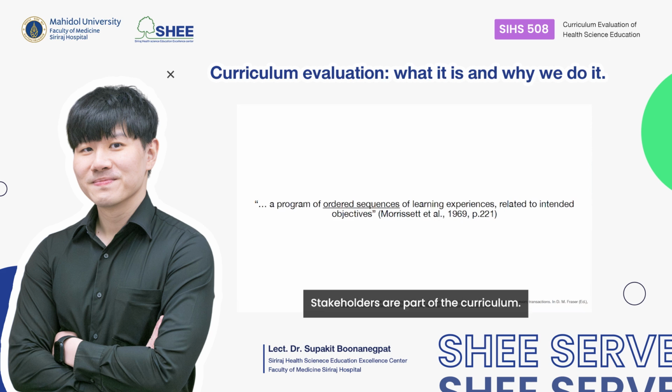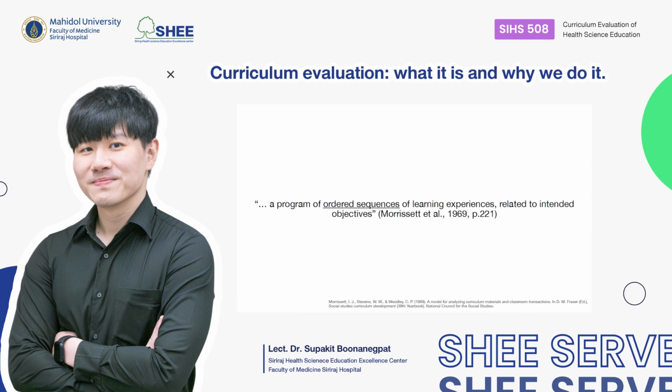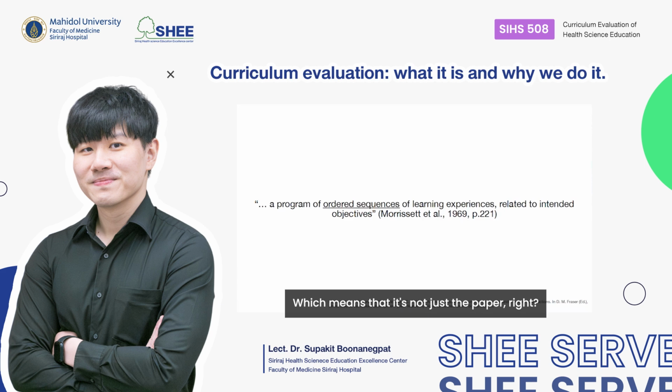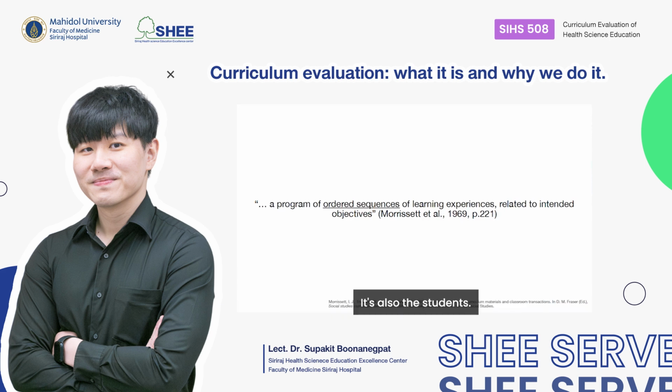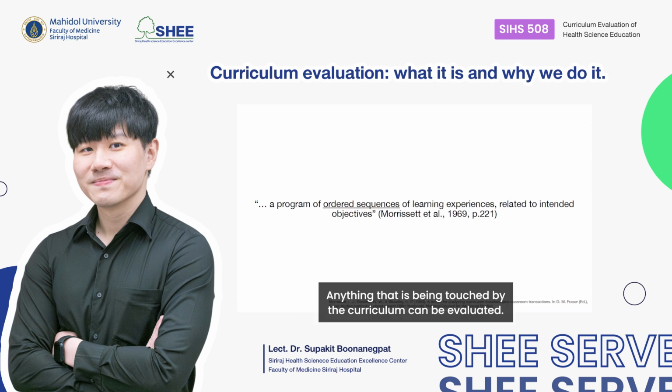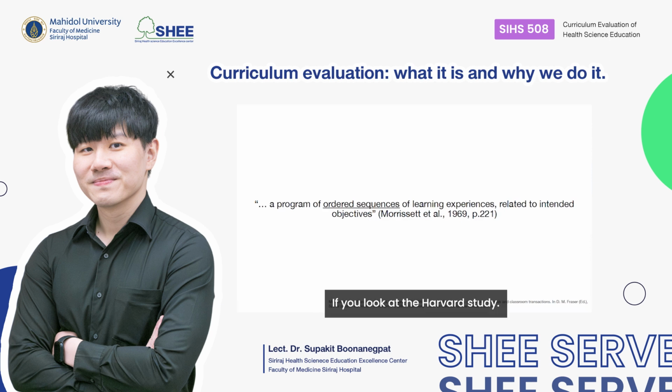And you mentioned that stakeholders are part of the curriculum, which means that it's not just the paper, right? It's also the students. My point is that anything that is touched by the curriculum can be evaluated. If you look at the Harvard study, they evaluate their students.